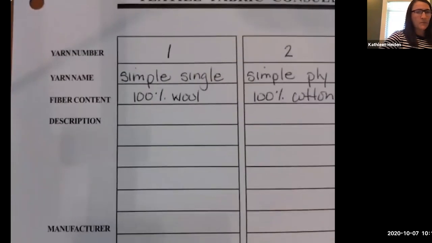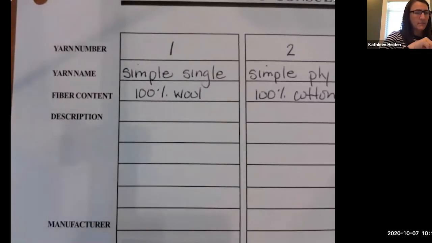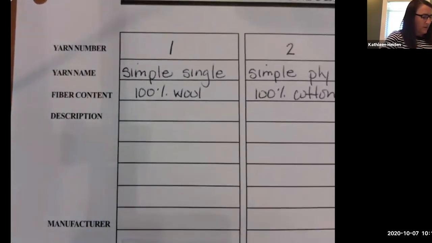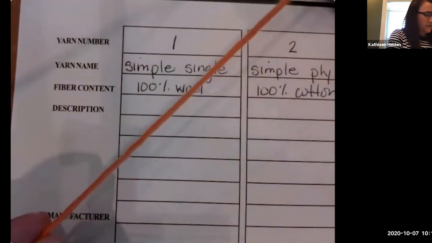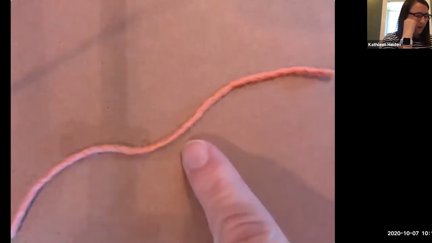All right, so number one is a simple single. It's 100% wool. So how do we know it's a simple yarn? Look along the length of our yarn. It's regular the whole way. It looks the same along the whole length of our yarn. How do we know that it's a single?